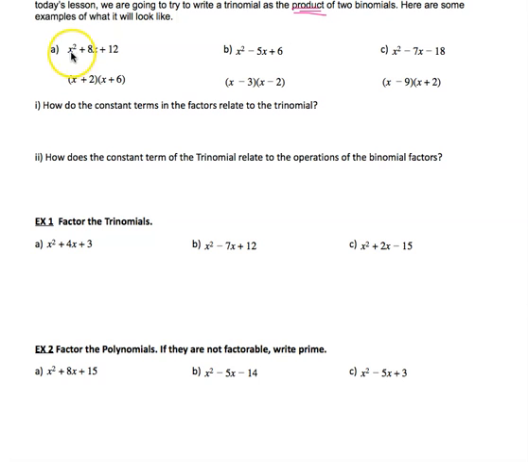So when I look at x squared plus 8x plus 12, its factored form has two binomials. First one x plus 2, and the second one x plus 6.